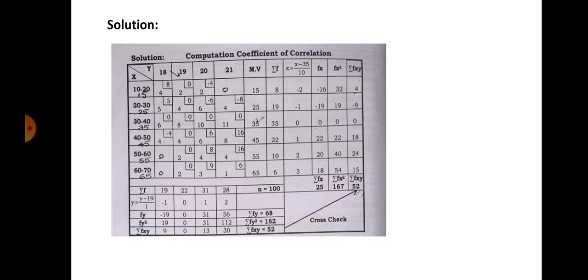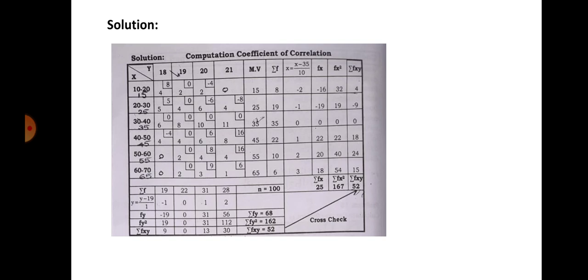Similarly, the column total: first column 4 plus 5 plus 6, second column 4 plus 5 plus 15 plus 14, 19. Next 2 plus 4, 6 plus 8, 14, 18 plus 2, 20, 22.